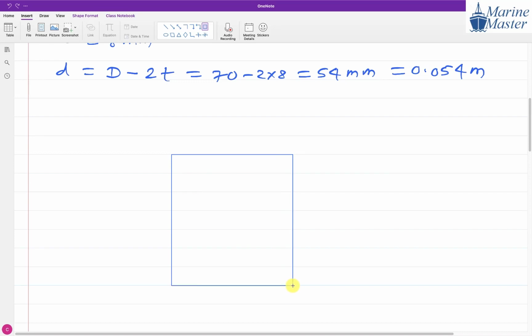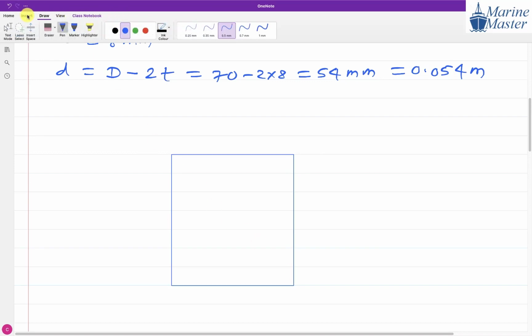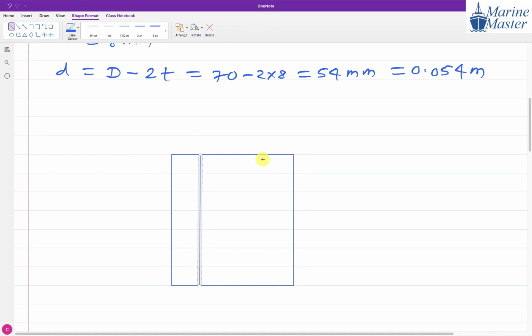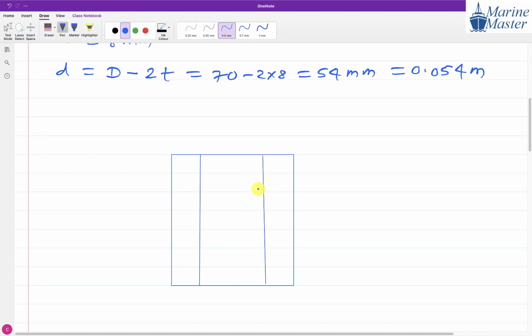The column is hollow. So hollow circular means from this point I am going to draw one dotted line. This is invisible to us. If you know the basic drawing concepts, and you want to show an inner portion which is not visible, how do we show it?